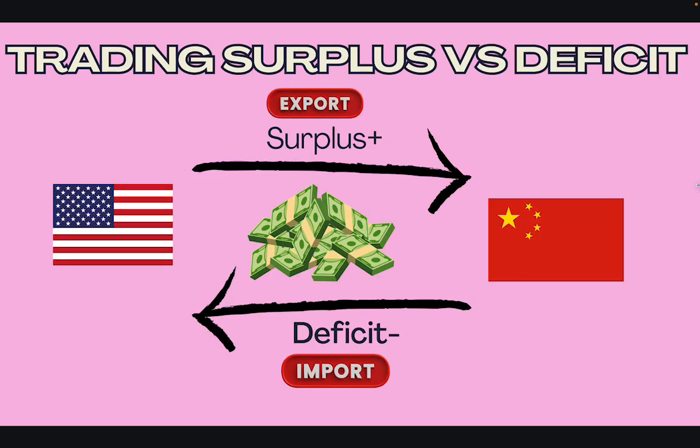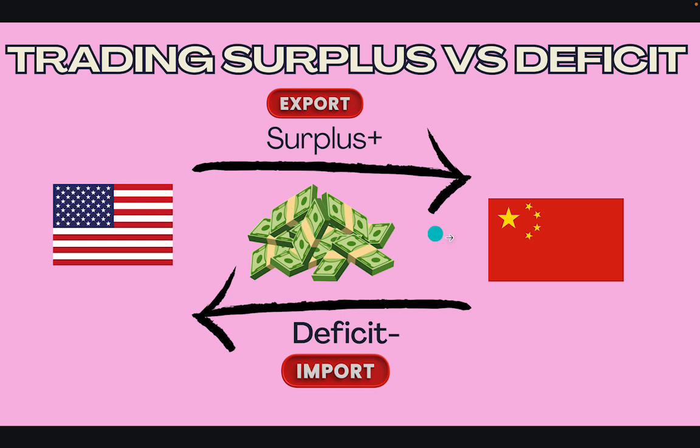So let's look at this in another way. And I use China and the United States. And I wanted to use this to show you the vocabulary and the phrases you can expect to be associated with this. So we are talking about trading surplus versus trading deficit. Trading surplus is also known as the exporting of goods. Okay, so the United States is selling goods to China, which means the money is coming to us.